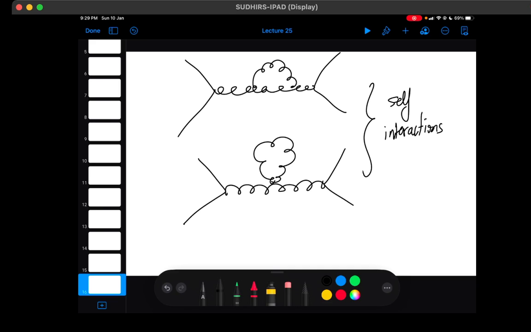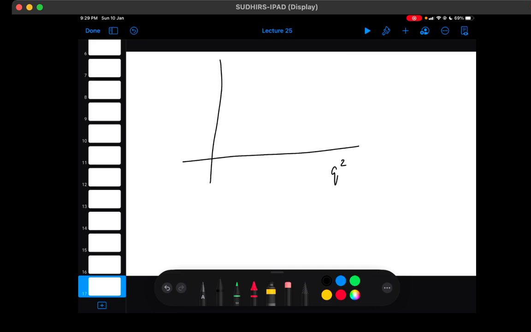And so when you finally calculate everything, it turns out that the coupling constant, alpha s, starts falling off with energy.